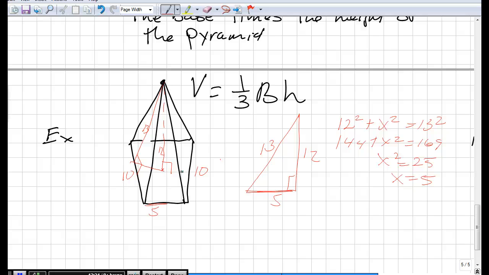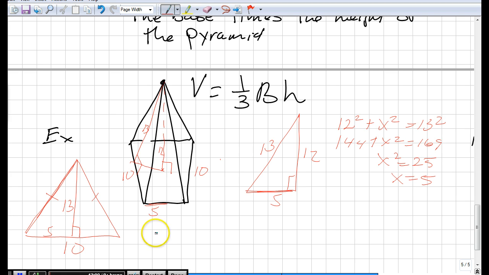Then we will need to find the length of a lateral edge. Taking one of the face triangles, we know this is 10. We know that this altitude is 13. It's the slant height of the pyramid, but it's the height of the face triangle. And we know that these are isosceles, and so we can find the length of a lateral edge by, again, using the Pythagorean theorem.